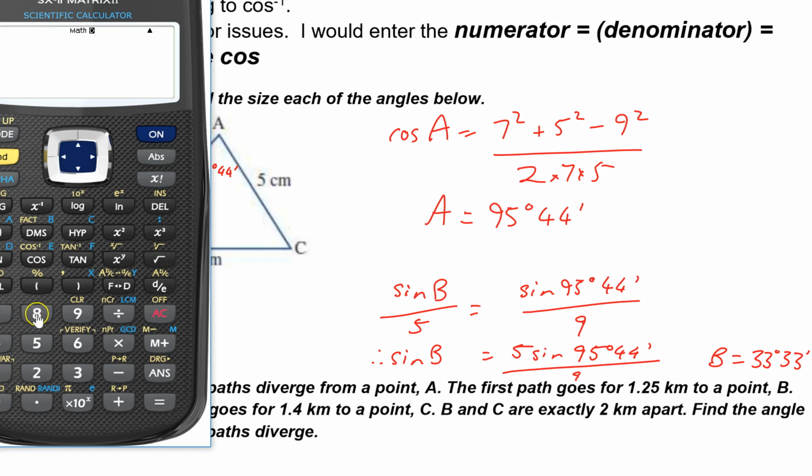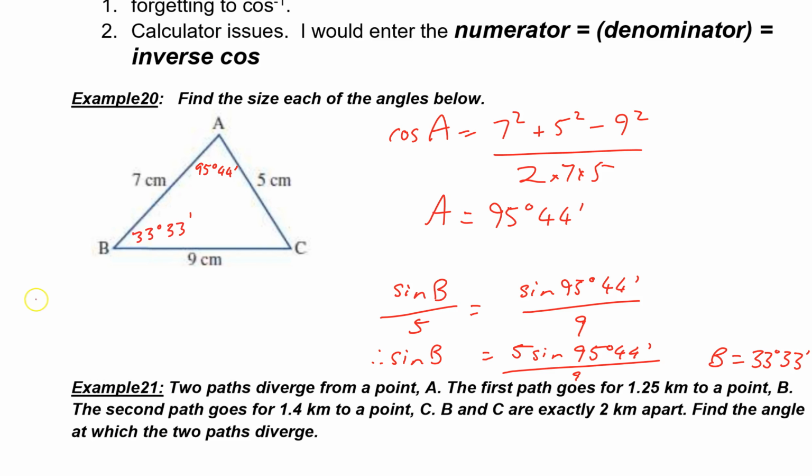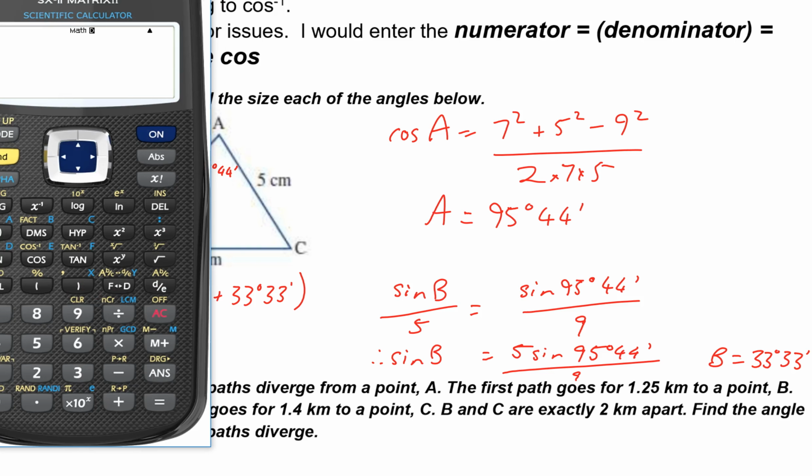So C equals 180 minus 95 degrees 44 minutes plus 33. On the calculator, 180 minus 95 degrees 44 minutes minus another 33.